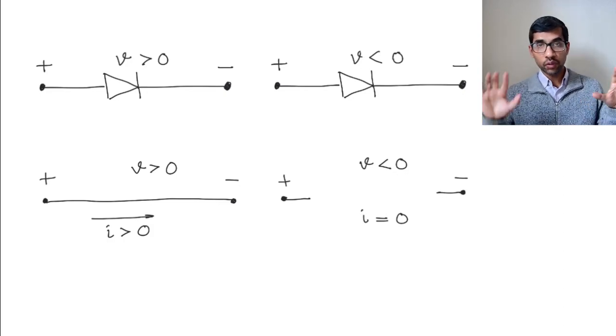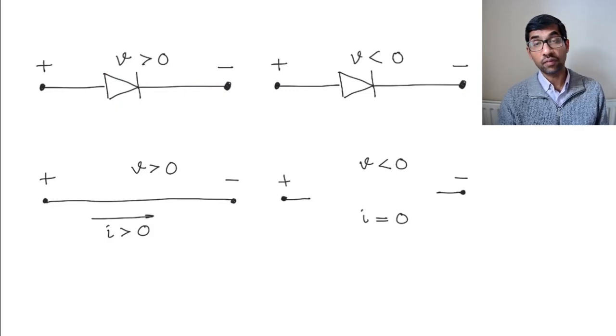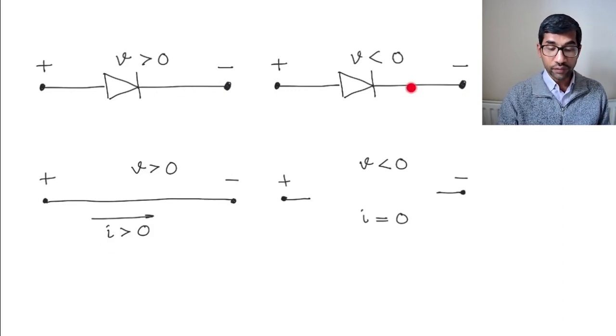So there are two parts of the diode. One where the voltage across the diode is positive, and in that case, the diode just allows whatever current needs to flow because of the circuit to flow through the diode, and the current is greater than zero. But if the voltage is negative, then it just acts as an open circuit. It does not allow any current to flow through.